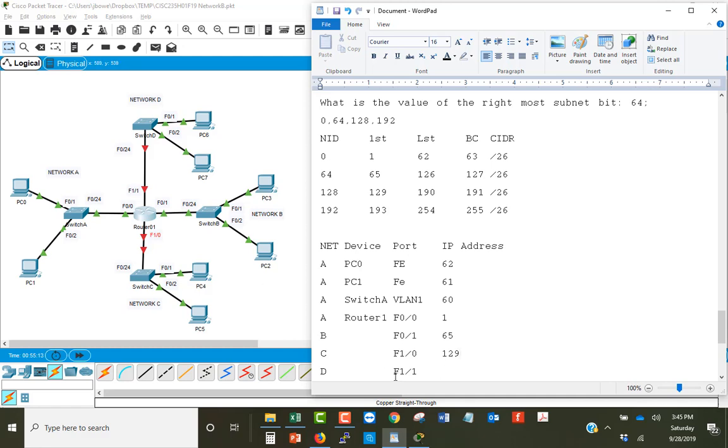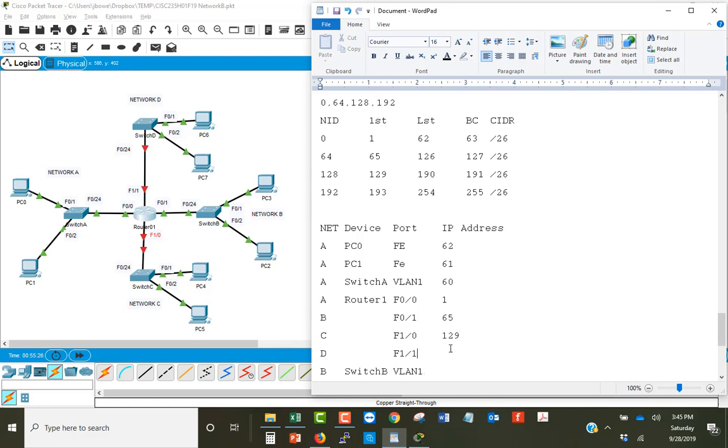Then we've got network D on F11 right there, out of the fourth block of addresses. So the first one there is going to be 193.